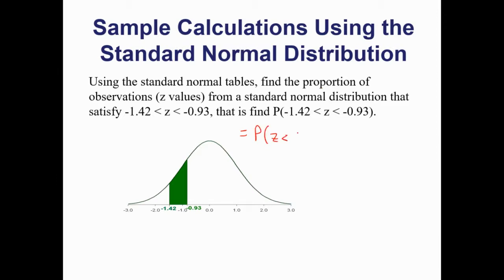So which one do I find first? Negative 0.93. That's right. The big one always comes first. Then the small one comes second.